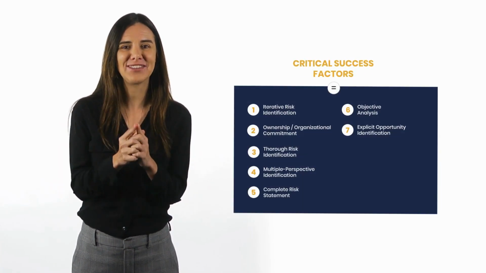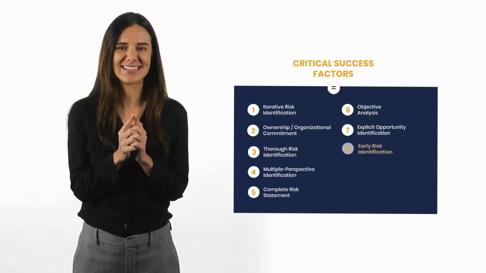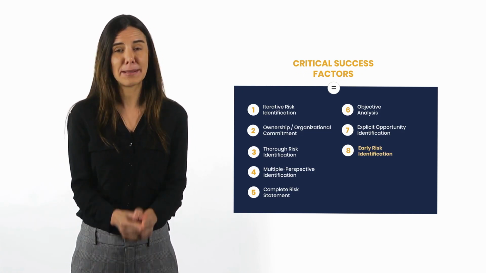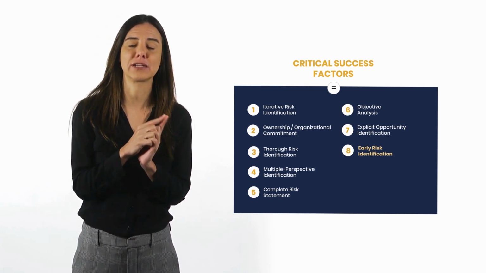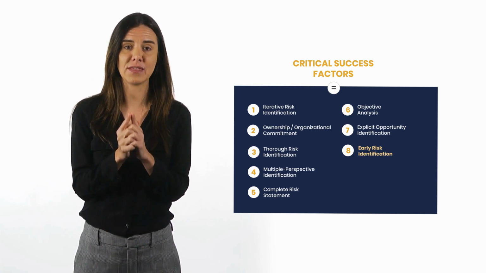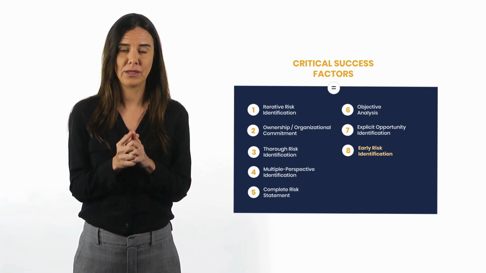The eighth critical success factor in risk management is early identification. This critical factor is particularly related to response, cost benefit analysis, and risk management efficiency. When the project starts in its early design phases, the level of uncertainty is very high because we have little information.